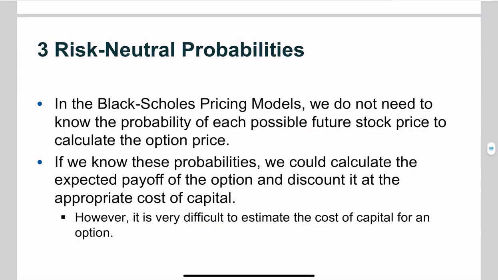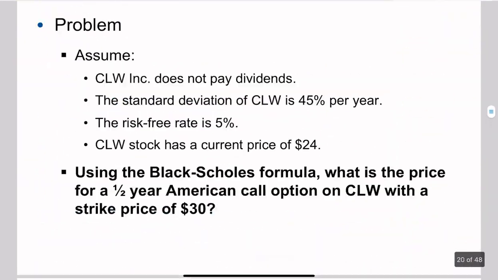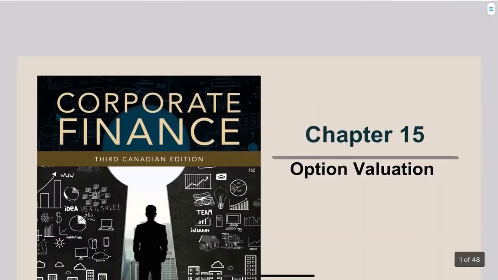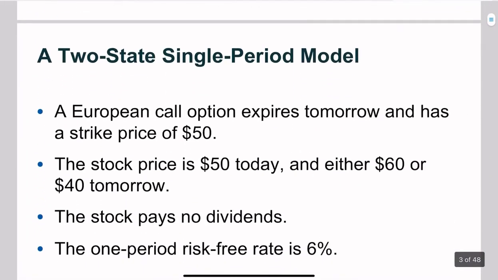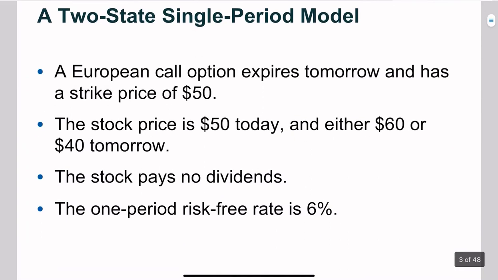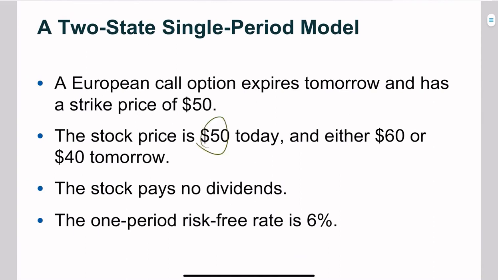Because remember that in the binomial model, when we talk about this, we said we have a stock. Today's price is 50. And tomorrow's price is 60 or 40. And we never talked about what is the possibility for 60, and what is the possibility for 40, right?